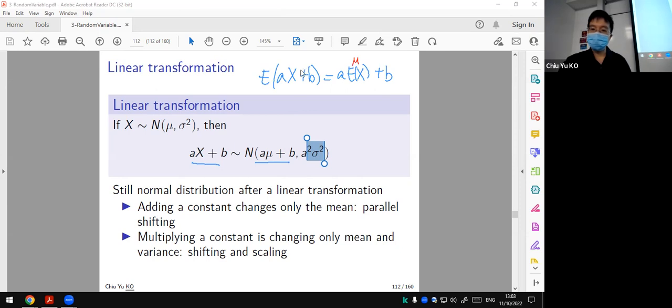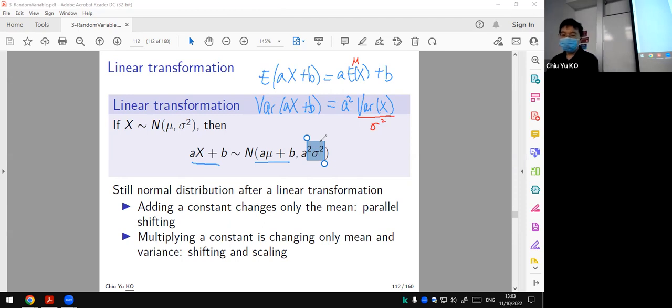The other one comes from the variance of AX plus B, which is A square times variance of X, and that is sigma square. So this comes from these two formulas that we learned earlier.